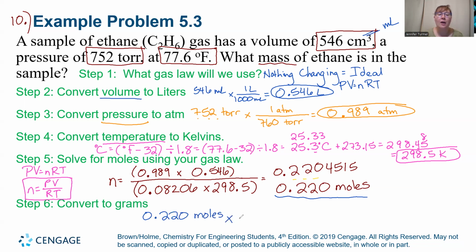Okay. And remember, we're going to need a molar mass. So just as a little review here, we have C2H6, so that's 2 carbons and 6 hydrogens. Okay, so 2 times 12.011.